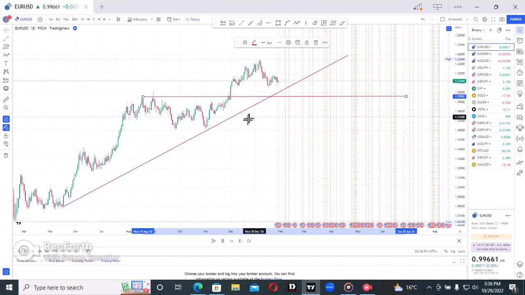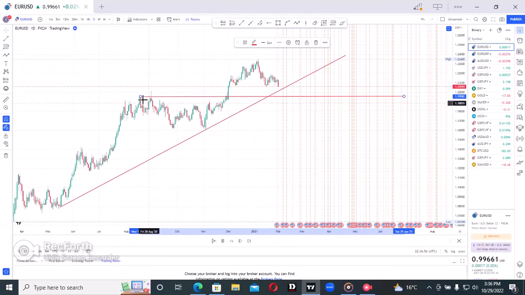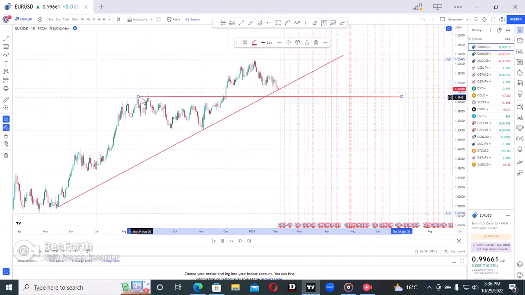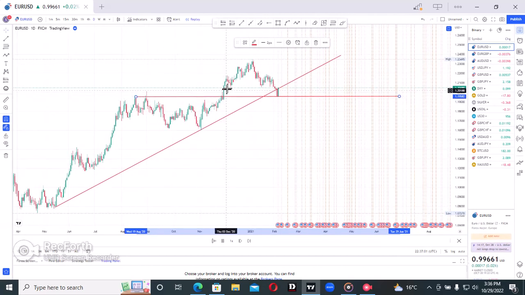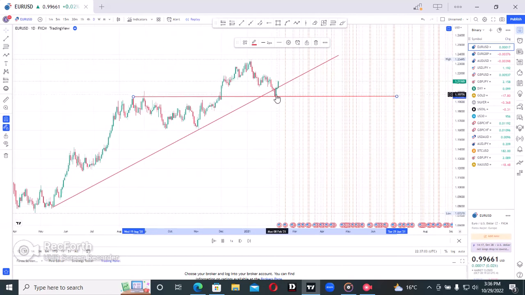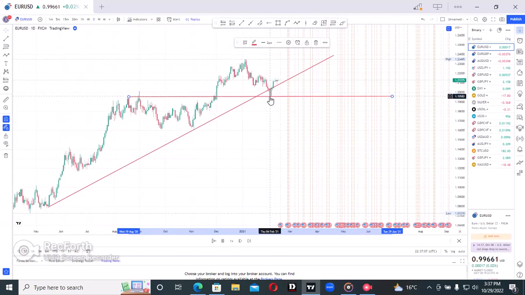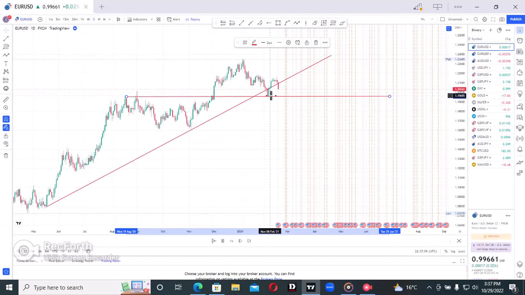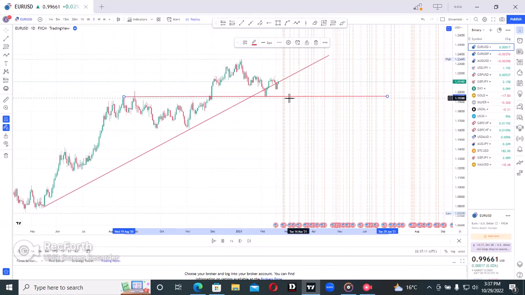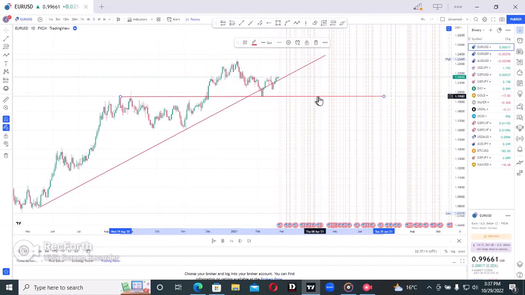So this is my horizontal line, which is resistance right here. As we break here, I'm going to expect that this is going to be my support, you see. So right now I have my support level right here.